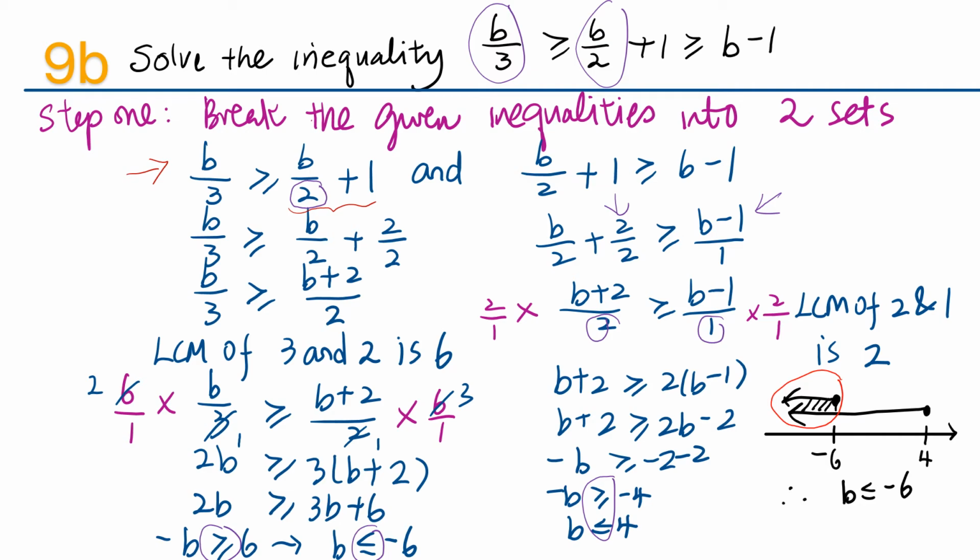So what you need to do is to find the LCM and then multiply both sides of the inequality with the LCM. Then you draw the number line and then you write down the overlap region. That will be your answer.